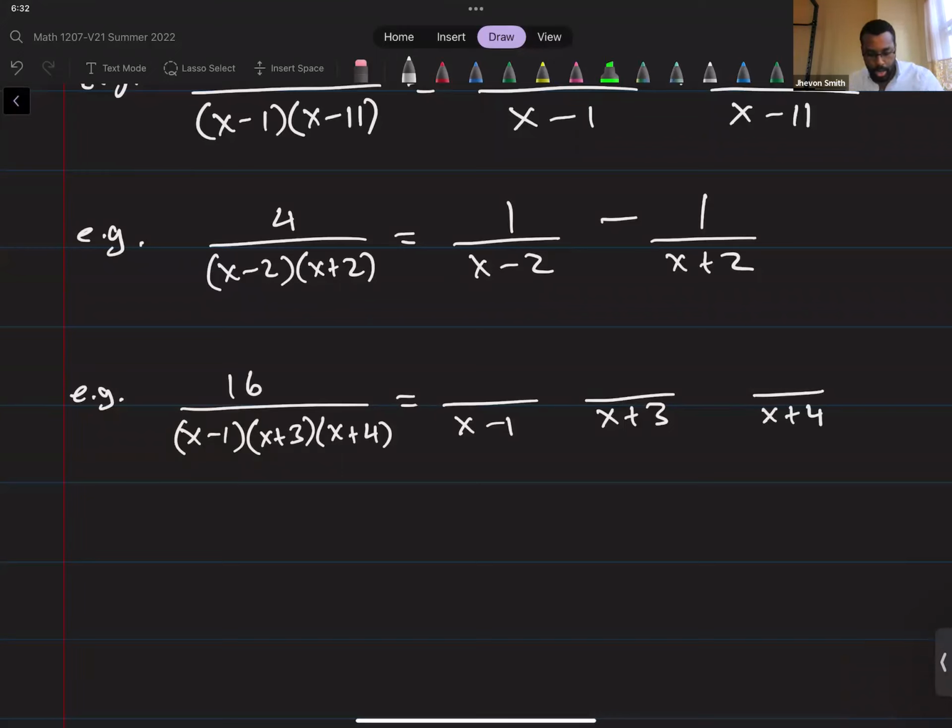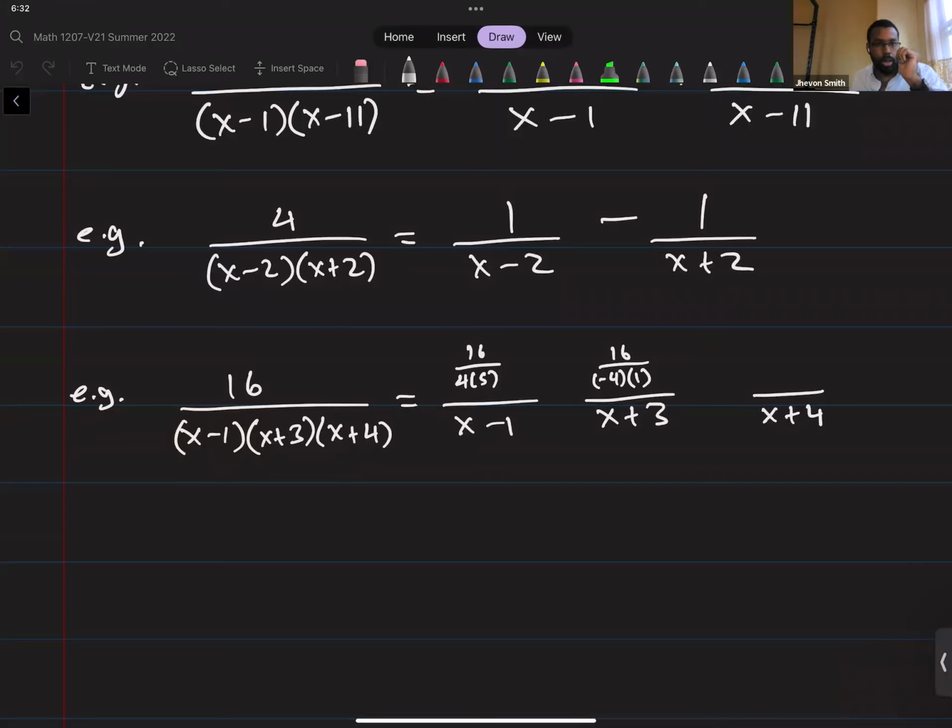Well, I cover up x minus 1 on the left, and I plug in x equals 1. So that's going to be 16 divided by 4 times 5. What's going to be on top of the x plus 3? If I cover up the x plus 3 and plug in x equals -3, I would get 16 divided by -4 and 1.